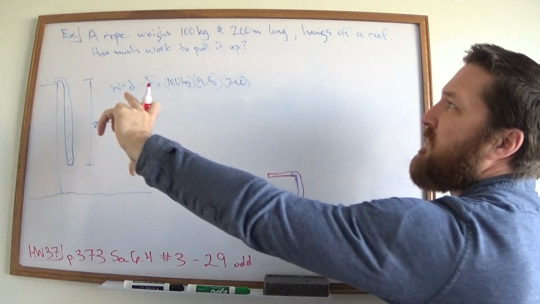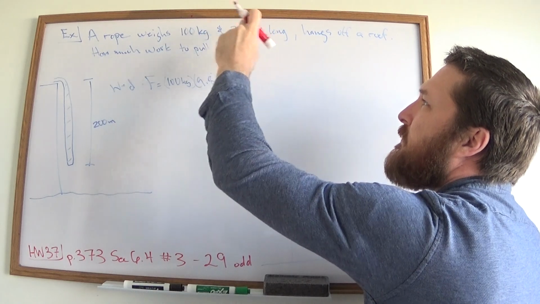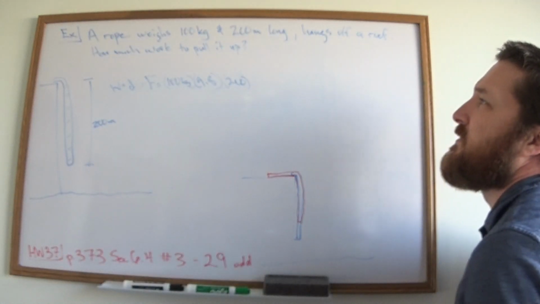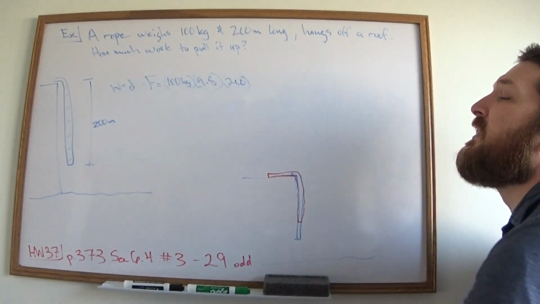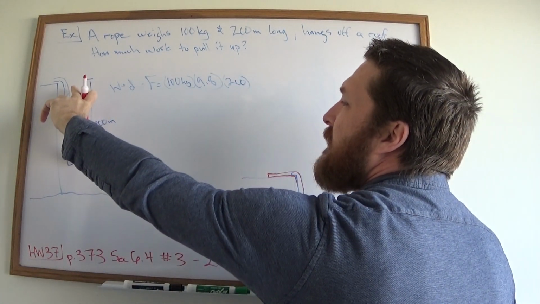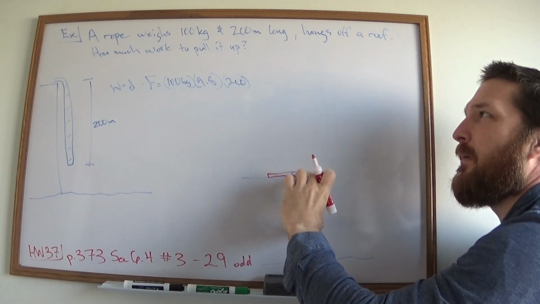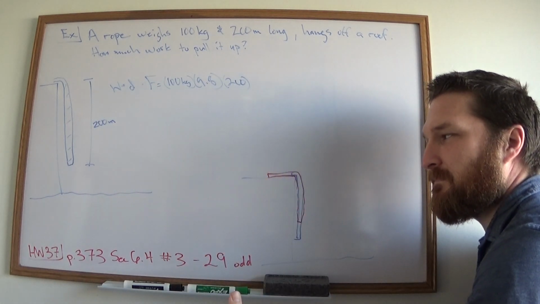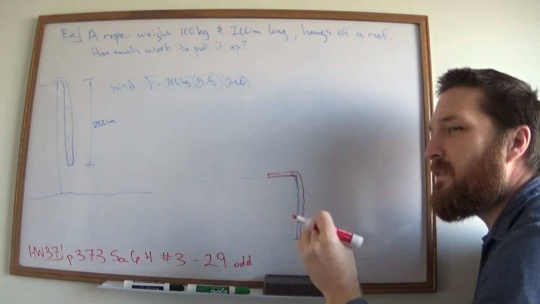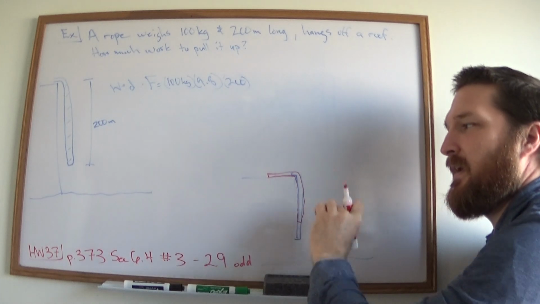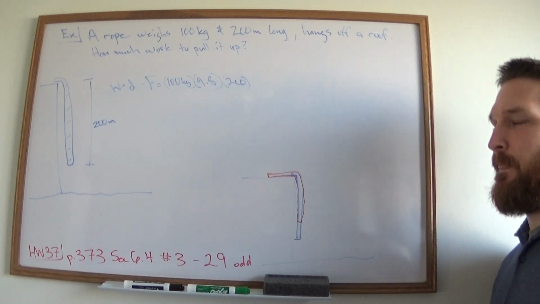It starts off with the full 100 kilograms, but after I've pulled it halfway up, now I'm only pulling up 50 kilograms. In other words, the weight, or the mass, is changing as I pull it up.